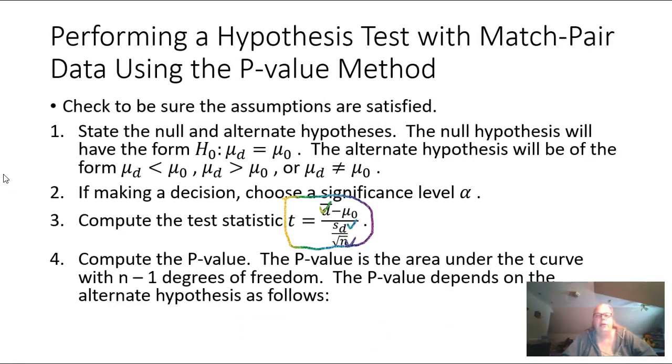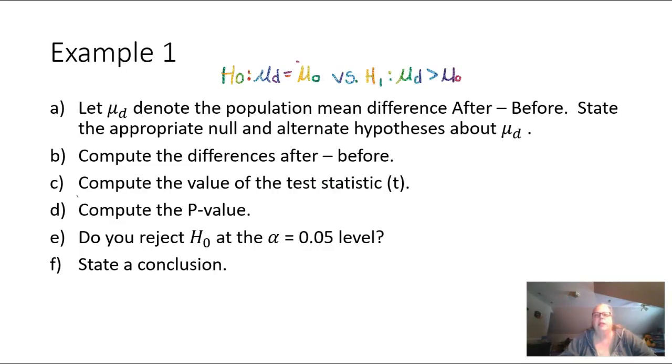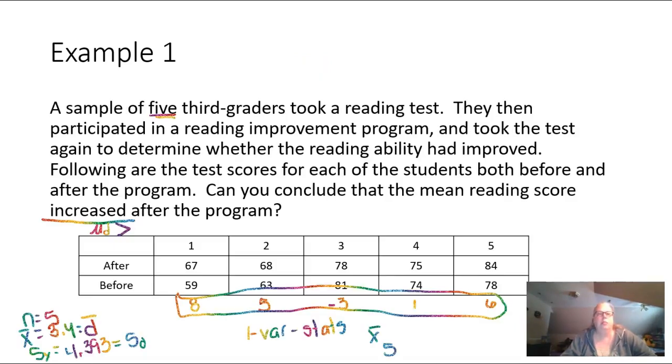Now the mu 0 we can find in our null hypothesis, and that would be this particular number right here, which now has a variable attached to it. But let's go back and look at the problem. These students are participating in a reading improvement program. Really what we want to know is, is there a difference in scores, or is there not?